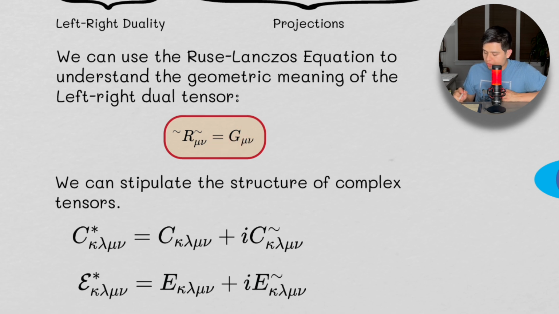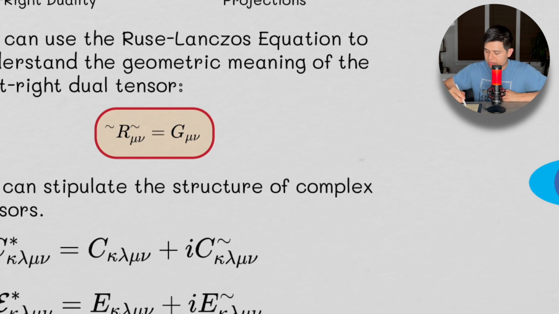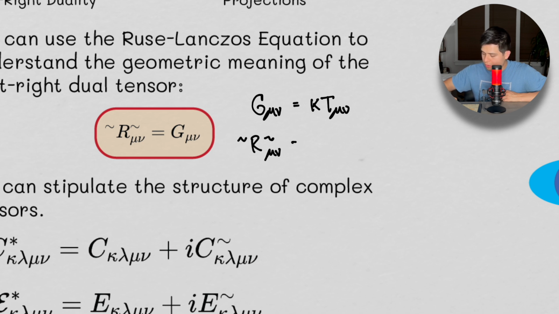This is actually quite interesting, because if you recall, G mu nu is proportional to T mu nu, equal to a proportionality constant times T mu nu. This is saying that this is the same thing as saying R mu nu is proportional to T mu nu.